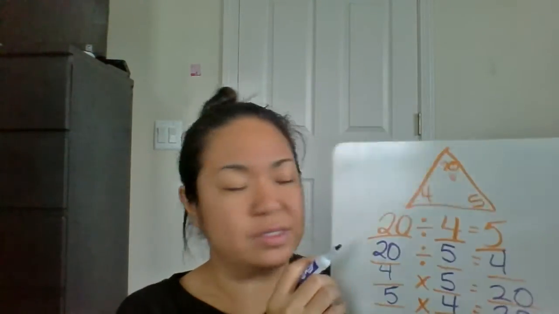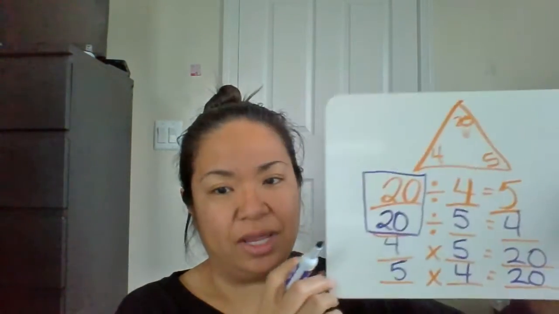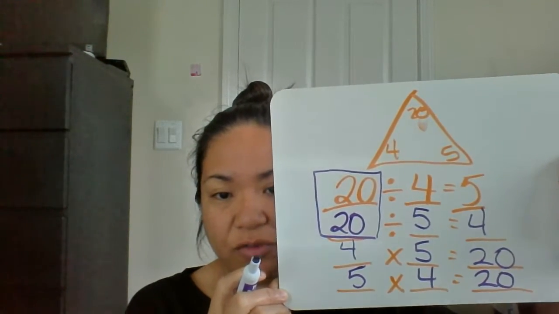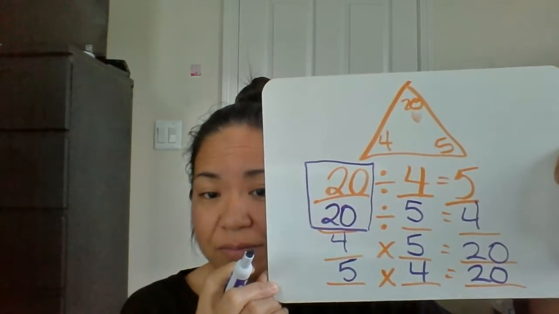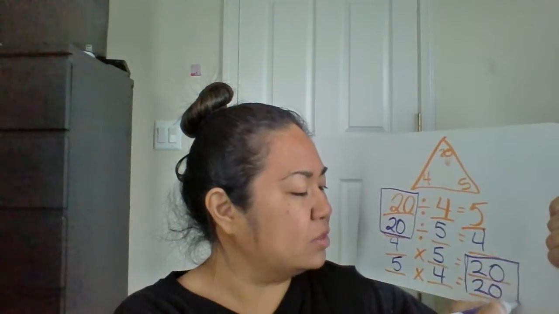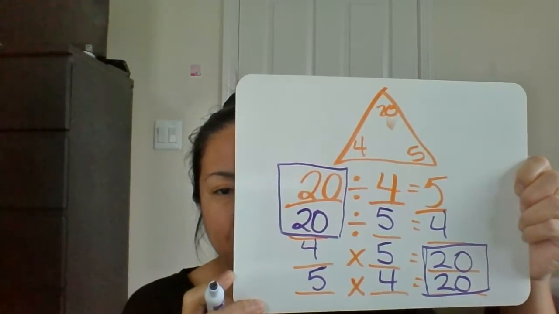You'll notice here, boys and girls, that in division equations, and I was telling you this yesterday, the larger number from the fact family goes in the front for division, whereas the larger number goes at the end of the equation in multiplication.